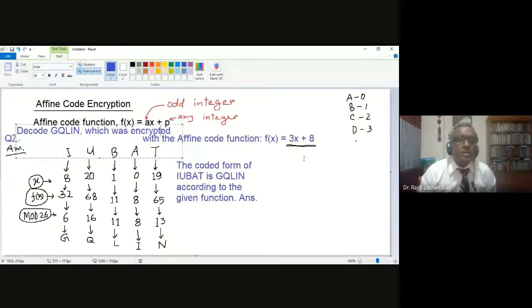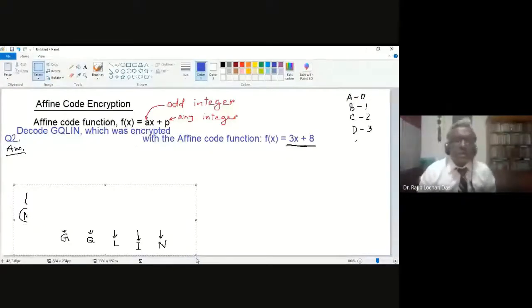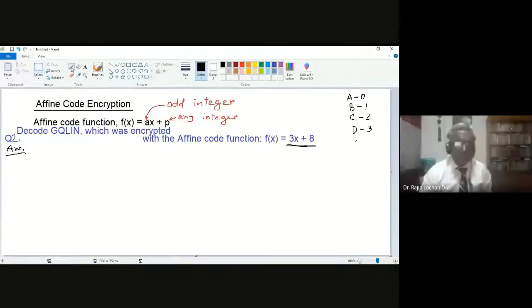So this is my question. Now the code is given, IUBAT is not given. So you will find out IUBAT. The code is given like GQLIN. So you start with that, do some calculation, and then you find out what the original message was. Is the question clear?